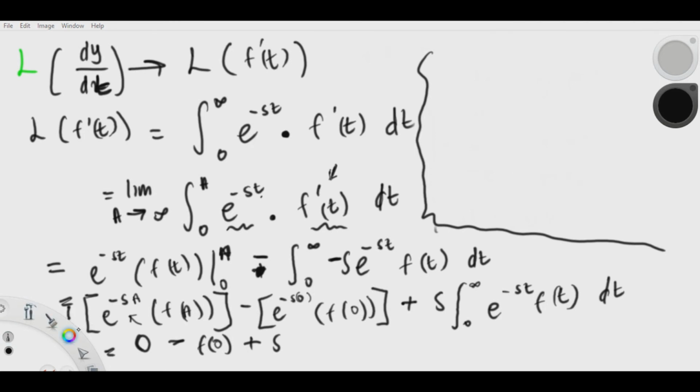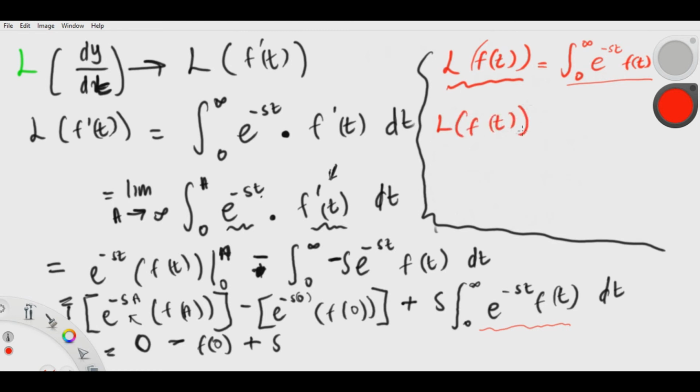Alright, and if you notice something, this part here, when it pops up, we always leave it with the infinity. We always try to get it to be e to the minus st f(t). If you remember, the Laplace transform is a function. If you take the Laplace of a function of t, you get... am I correct or am I wrong? I'm correct. I'm obviously correct. I'm always correct.